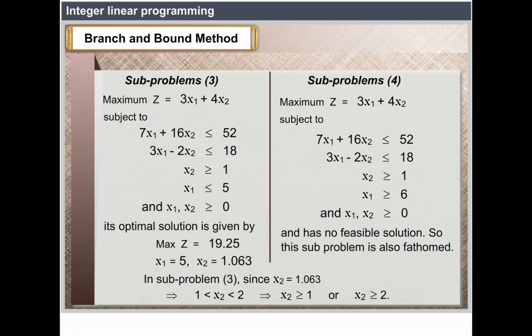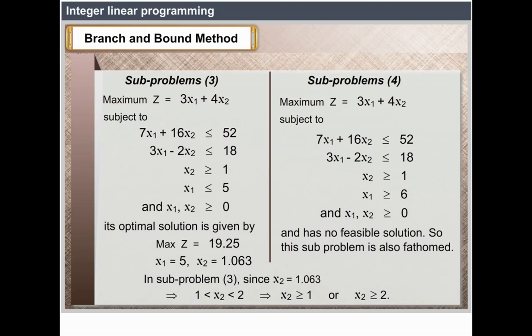Now the subproblem 3. Maximize z equal to 3x1 plus 4x2 subject to 7x1 plus 16x2 less than or equal to 52, 3x1 minus 2x2 less than or equal to 18, x2 greater than or equal to 1, x1 less than or equal to 5 and x1, x2 greater than or equal to 0.